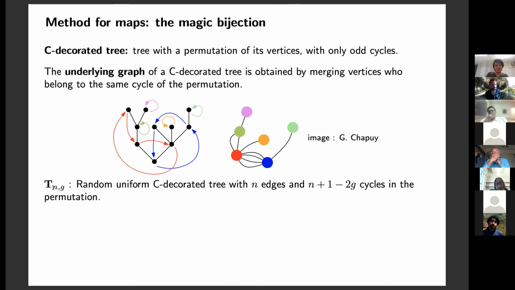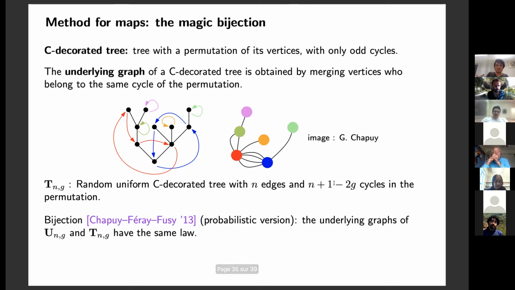And if I take a random uniform C-decorated tree with n edges and exactly the right number of cycles, n plus 1 minus 2g, the magic bijection in the probabilistic version is that these two random uniform things that I introduced before, the random uniform unicellular map of size n and genus g, and this tree, their underlying graphs have the same law.